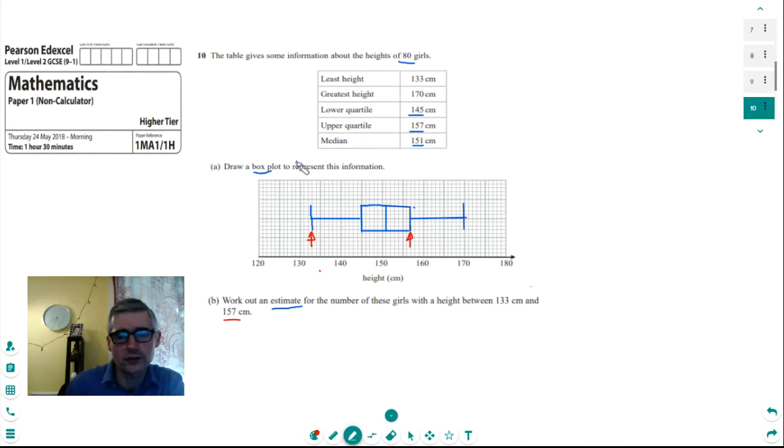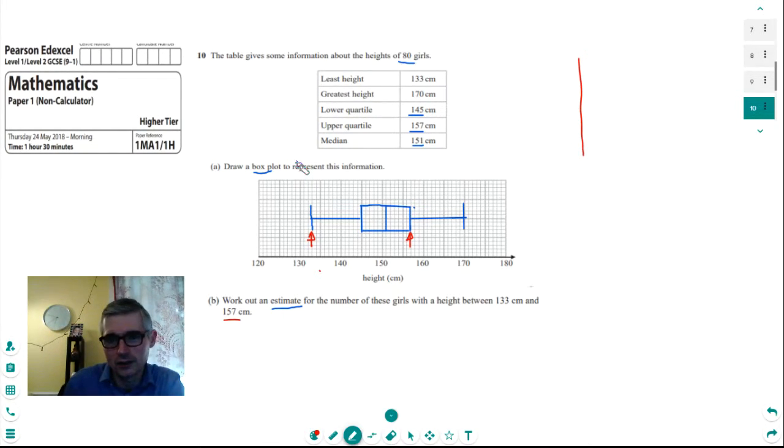Now what we know is these values referred to as the lower quartile and upper quartile, what they mean is that 25% of all the totals are below the lower quartile. So we could put them in a sort of column.